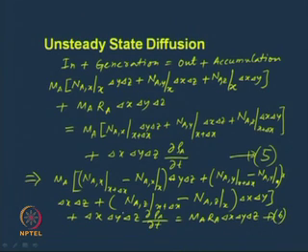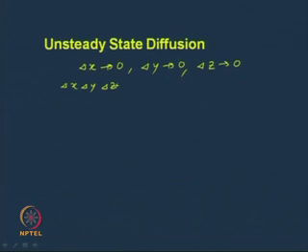Now, if we take the limit delta x tends to 0, delta y tends to 0 and delta z tends to 0, then divide by delta x, delta y and delta z both sides of the previous equation 6.